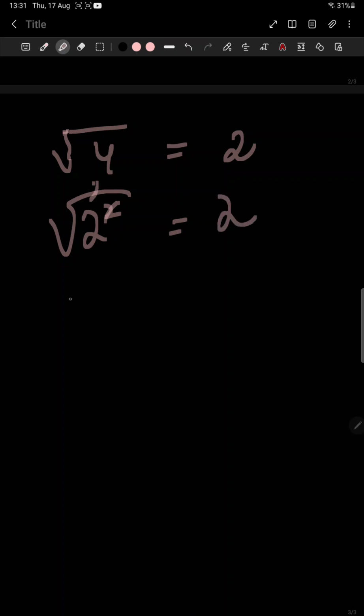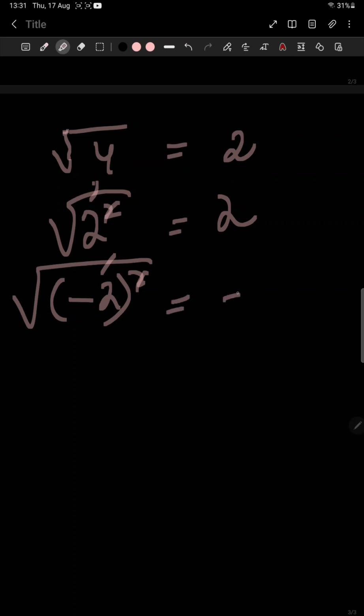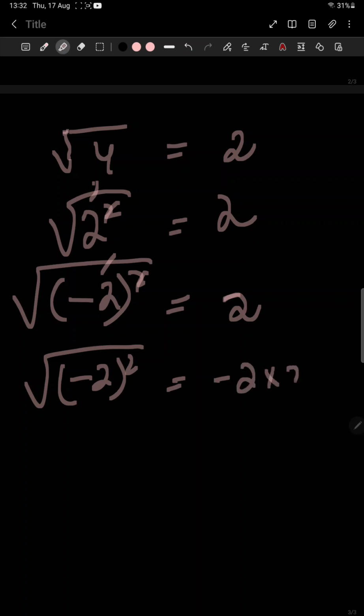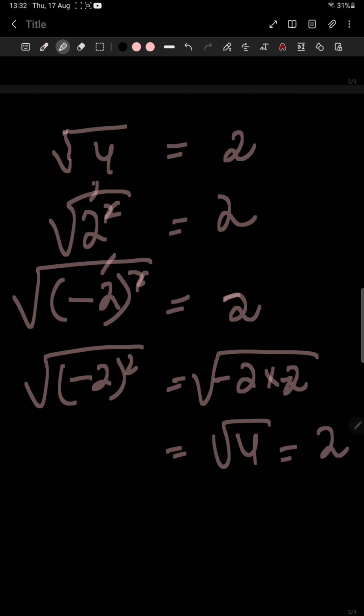The square root of (minus 2) whole squared will be cancelled, but it will become positive. Why will the answer be positive? Because (minus 2) squared means minus 2 into minus 2, so it will give us 4. And the square root of 4 will be 2. So that's why our answer will be 2, not negative 2.